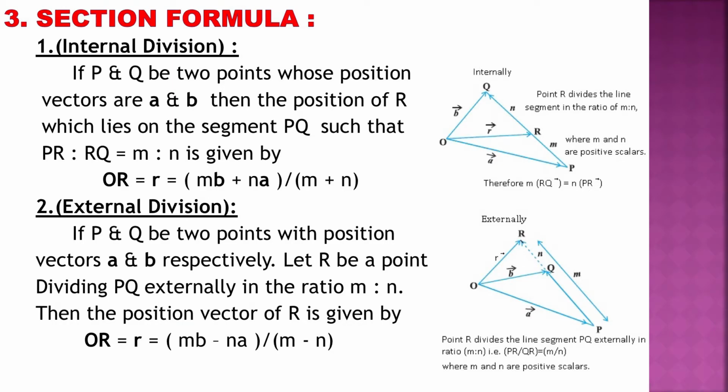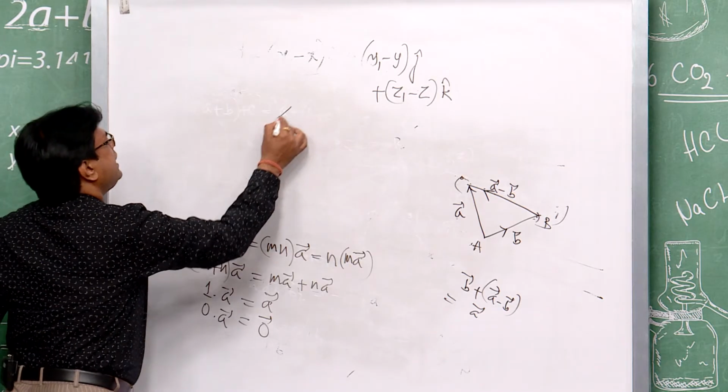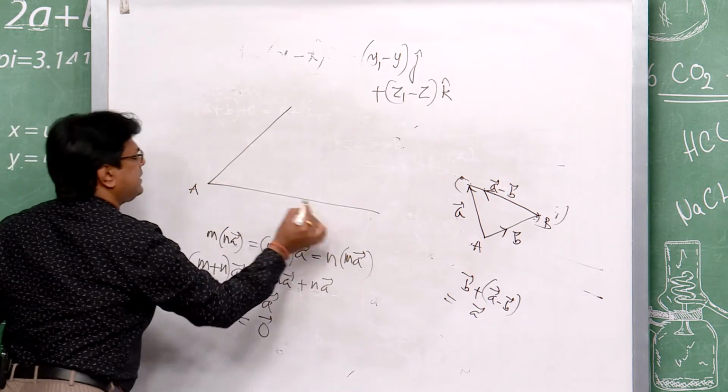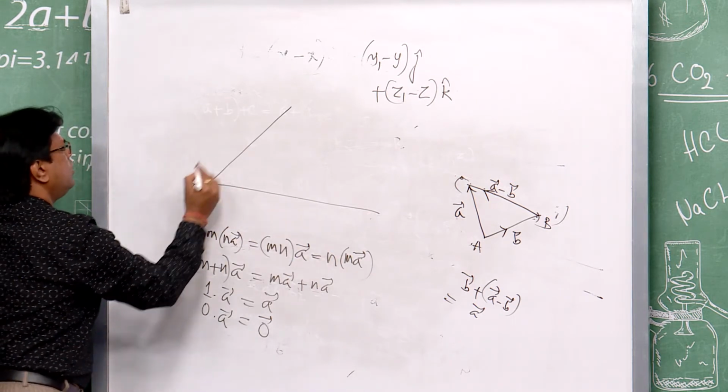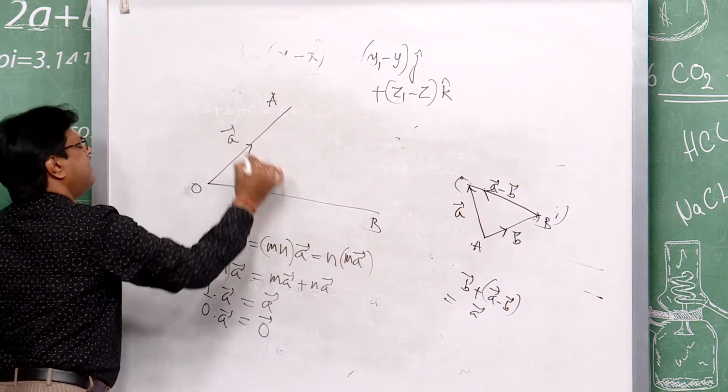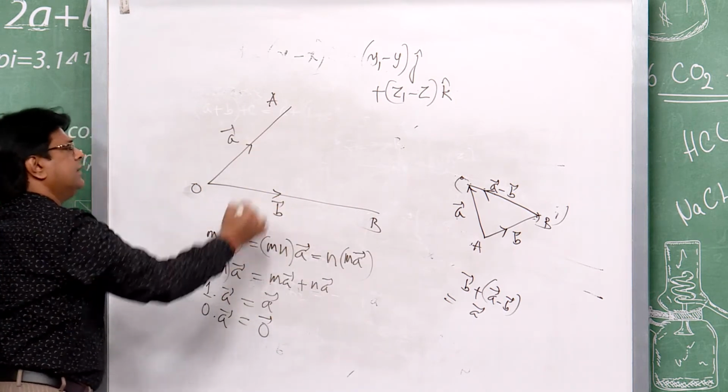Similarly, we can also take the section formula. In the section formula there are two types of section, one is internal section, another is external section. Suppose this is your O, this is your A, this is your B. OA vector is your a vector, OB vector is equal to b vector.